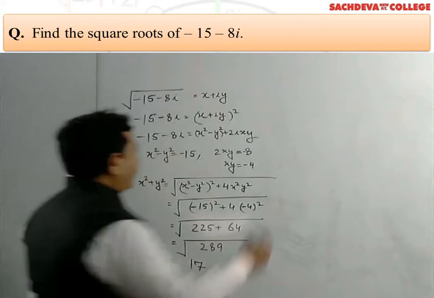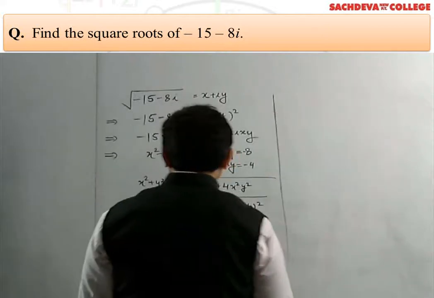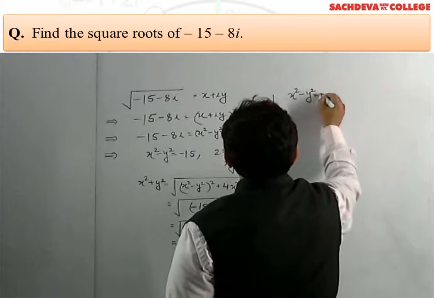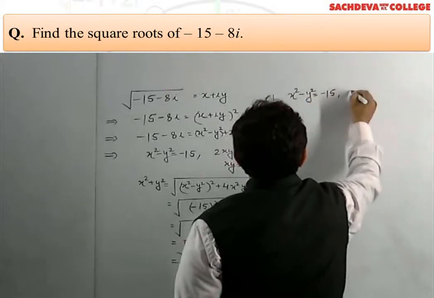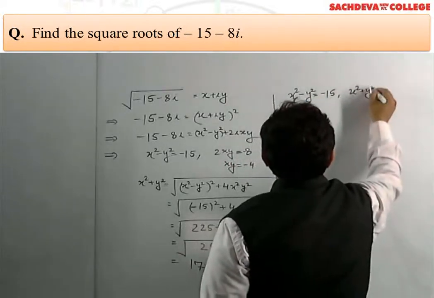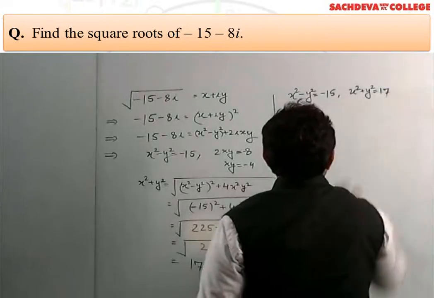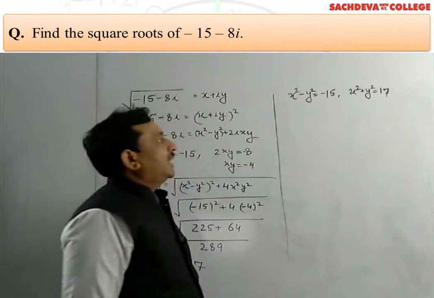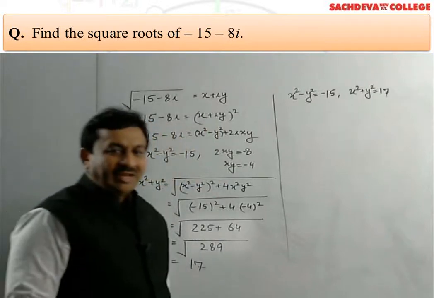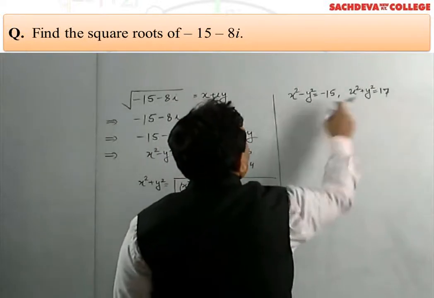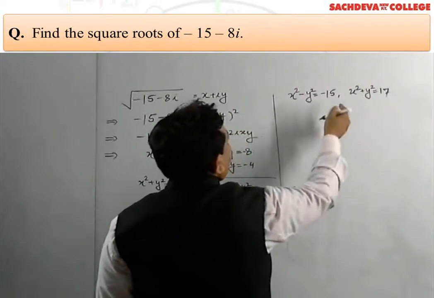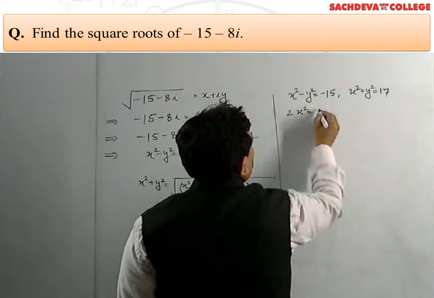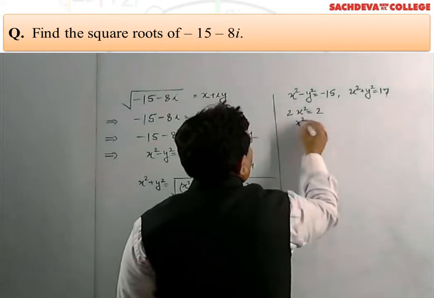So value of x square plus y square is 17, and value of x square minus y square is minus 15. Using these two results, we find value of x and y here. If we add these two, then you find 2x square will be equal to 2, and x square will be equal to 1.